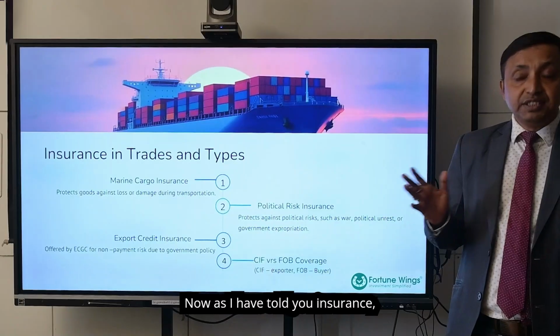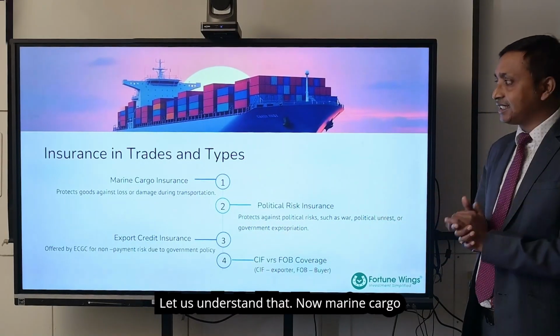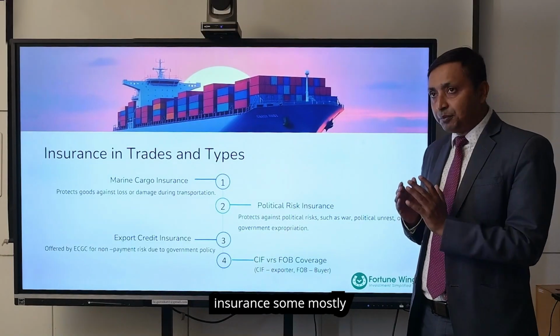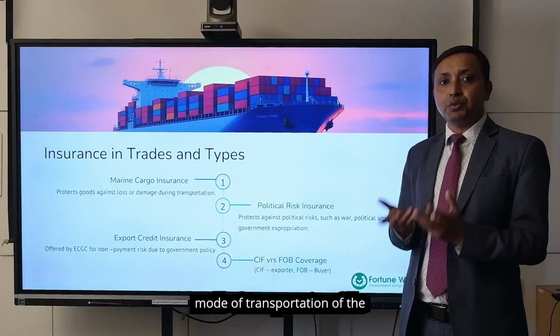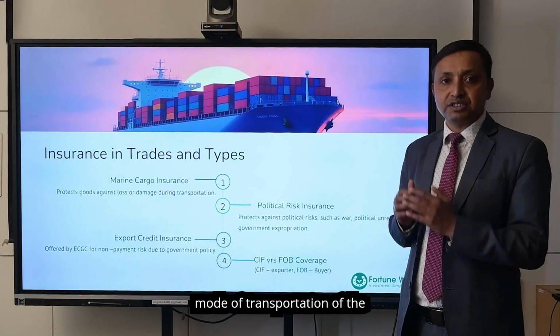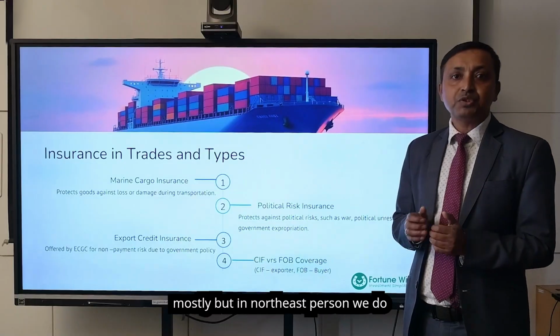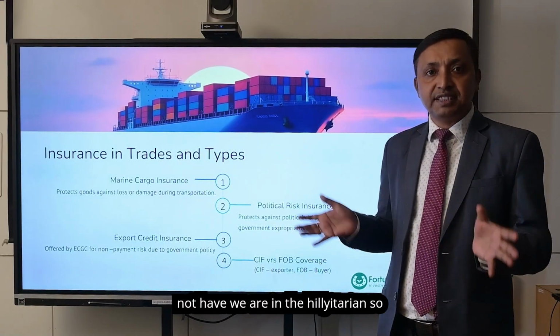Now, as I've told you, insurance is important in trade, and there are types. Let us understand that. Now, marine cargo insurance. Mostly when we are doing trade, the low cost mode of transportation of goods is always, remember, the sea route. But in the Northeast per se we don't have that, we are in hilly terrain.